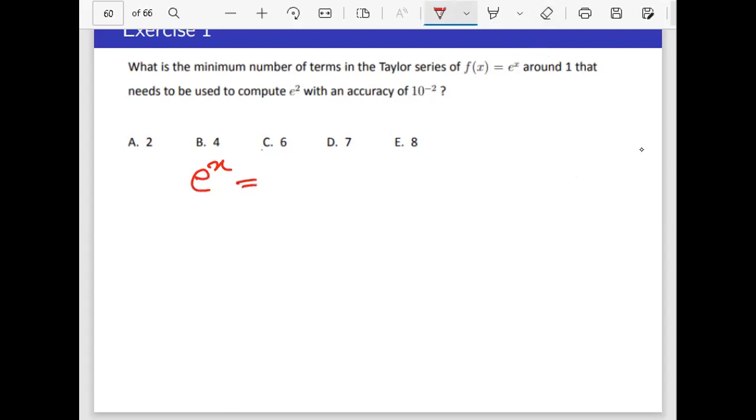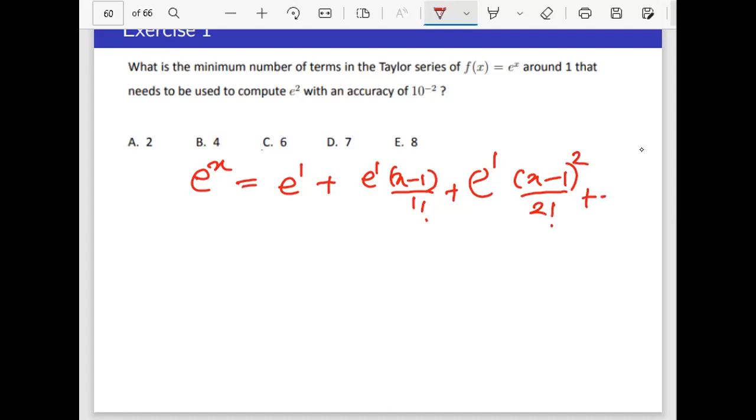So the Taylor expansion would be e times the sum of x minus 1 to the power n divided by n factorial, because we are finding the Taylor expansion around 1.